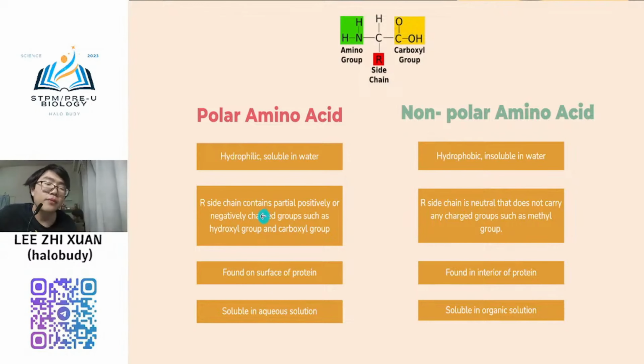Also, normally in polar amino acids your R side chain is either partially positive or partially negative, so it is a charged group. But in non-polar ones, normally they are totally neutral. There is no charged group there.